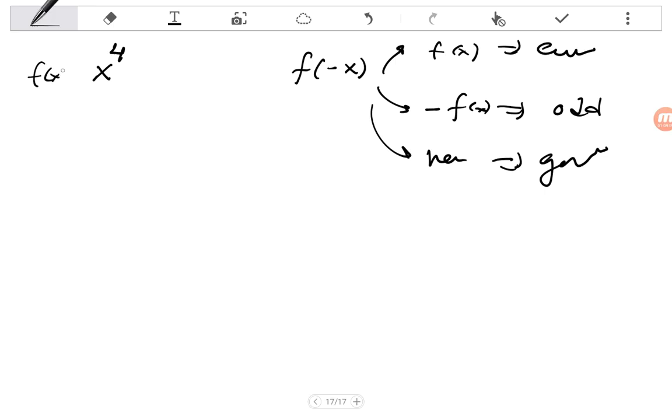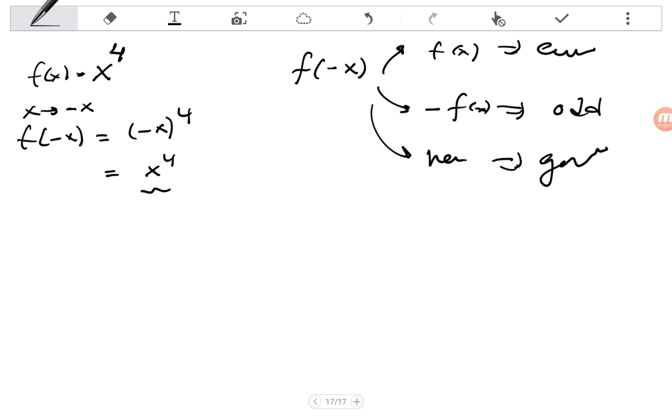Okay, so that is f of x. So I will find f of negative x. What is meant by f of negative x? It means to substitute for every x with a negative x. So that will be negative x all power 4. What is negative x all power 4? It is just x power 4.